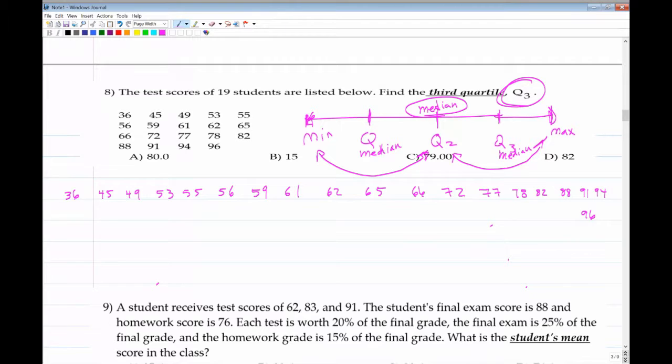So to find Q2, we'll go ahead and do the following: 1 and 2 from this side, 1 and 2 from this side, 1, 2 from this side, 1 and 2 from this side, 1 and 2 from this side, followed by 1 and 2 from this side, 1 and 2 from this side, 1 and 2 from this side, but then we have 2.